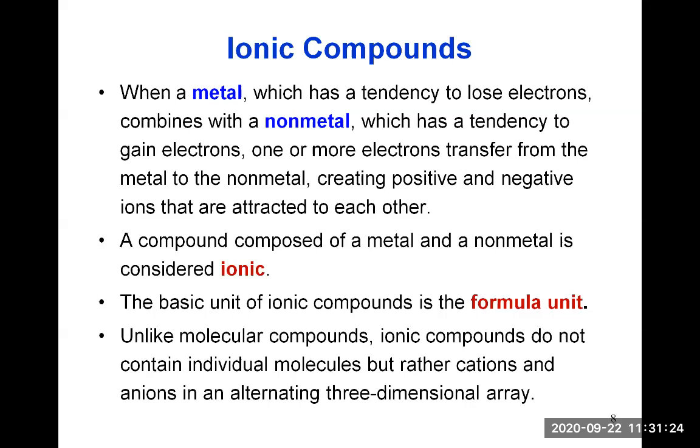Unlike molecular compounds, ionic compounds do not contain individual molecules, but rather cations and anions in an alternating three-dimensional array. Because positive ions are attracted to negative ions, the cations will be surrounded by anions, and then the anions will be surrounded by cations. This creates an alternating 3D lattice or array.